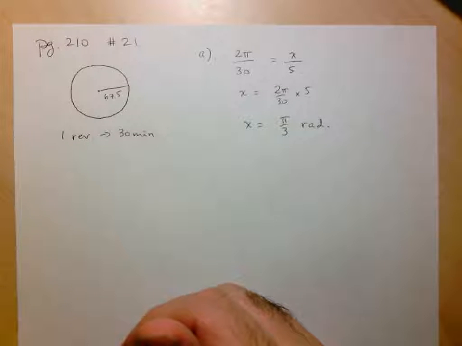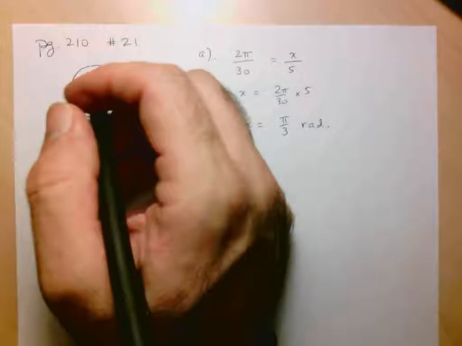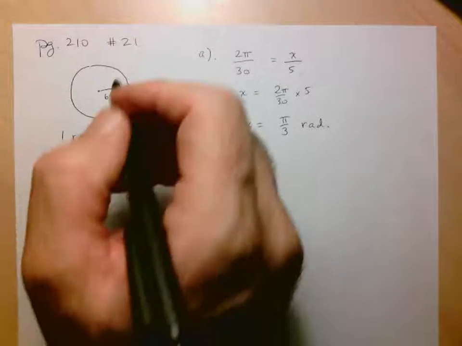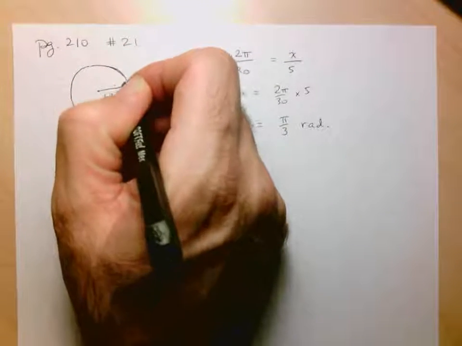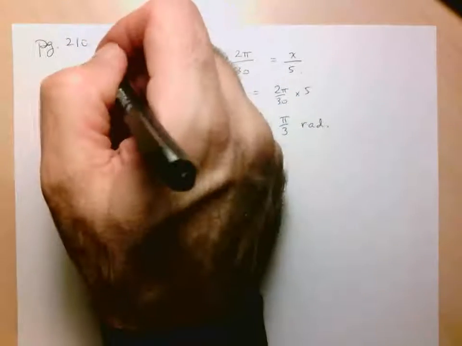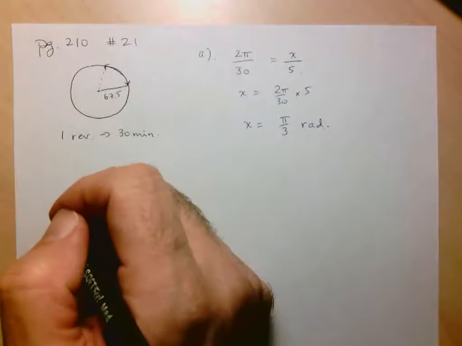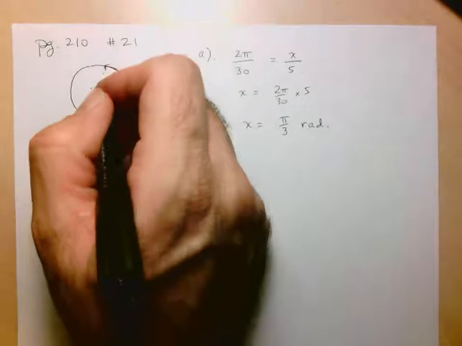It says, how far does a passenger travel in 5 minutes? In terms of the distance being traveled, that's going to be along the edge of the circle, so we're talking essentially about an arc. We have a relationship between the arc of a circle, the radius, and the angle.